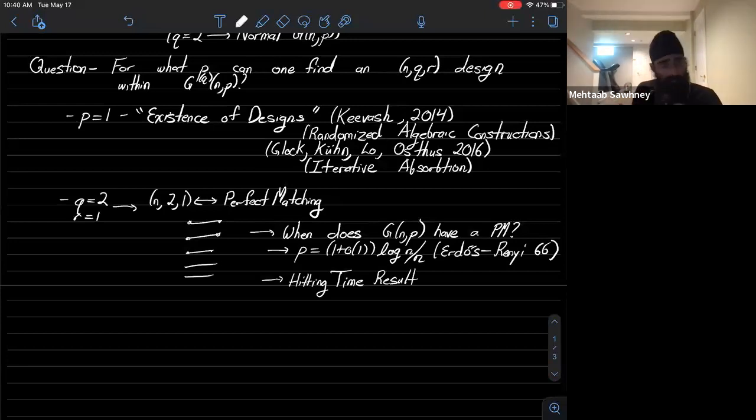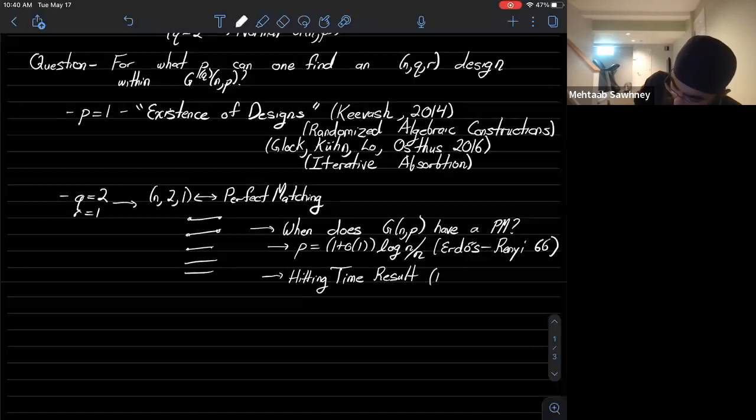Look at the process where you put edges down one by one. A hitting time result says that the first time every vertex has at least one edge coming off of it, you have a perfect matching. This turns out to be true with high probability in the random graph model, and this is a result due to Bollobás and Thomason.